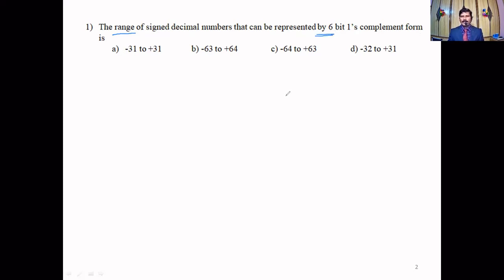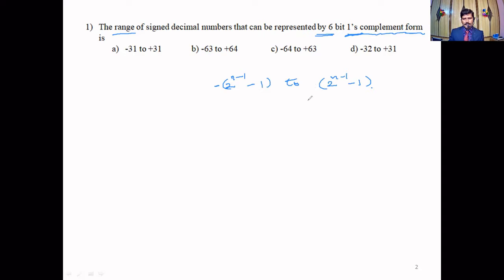The range is minus (2 power n minus 1 minus 1) to plus (2 power n minus 1 minus 1). You substitute this, you will get the answer.